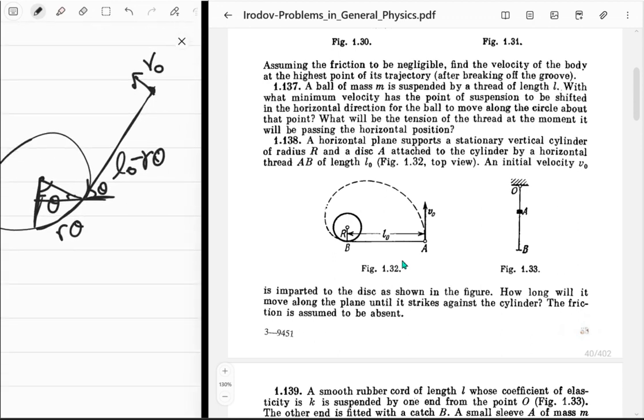Then d theta upon dt is just, because it's about that point, when it moves a little bit, v naught upon this length, L naught minus r theta. That's probably what's happening. Is this correct? I have no idea. There are supposed to be pseudo forces and everything active on it, and this omega is changing.